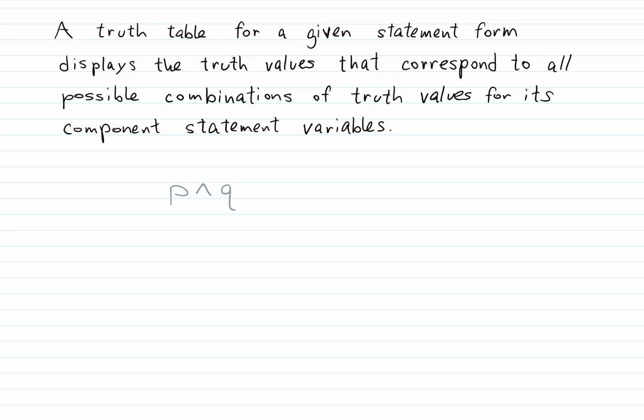What we want to know is this: what's the relationship between the truth values of the statements substituted into P and Q? How are those truth values related to the entire statement P and Q? Okay, you see what I'm saying?